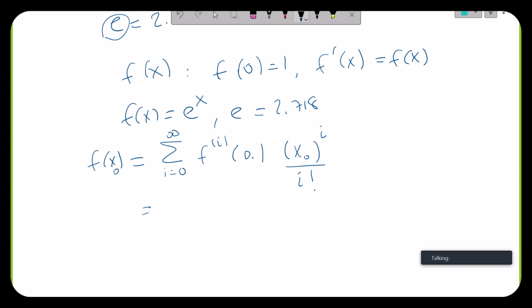So this basically says if I evaluate that at 0, it should be the sum of, let me see, something like that.